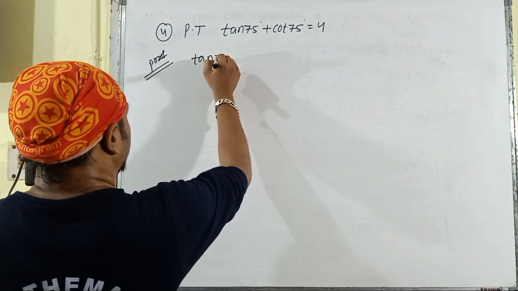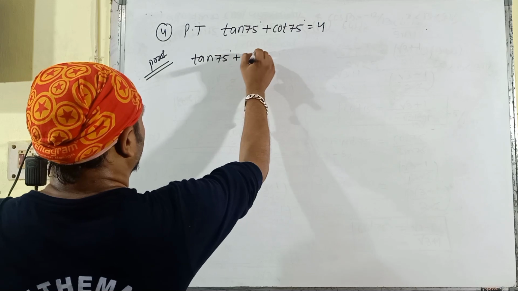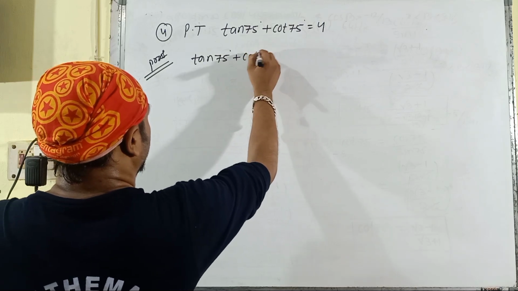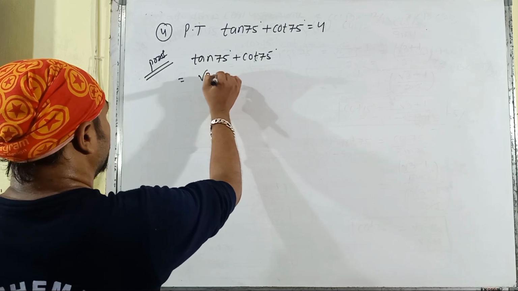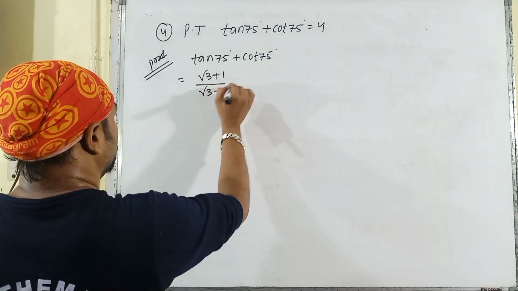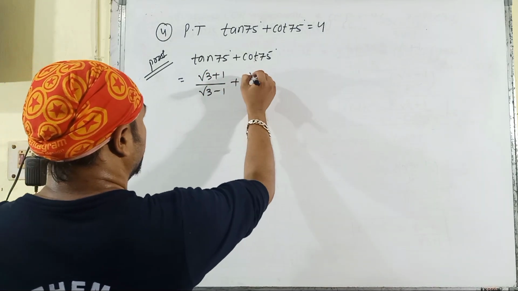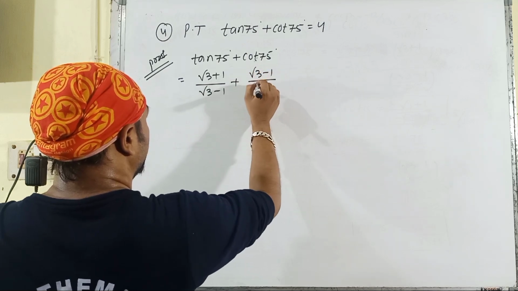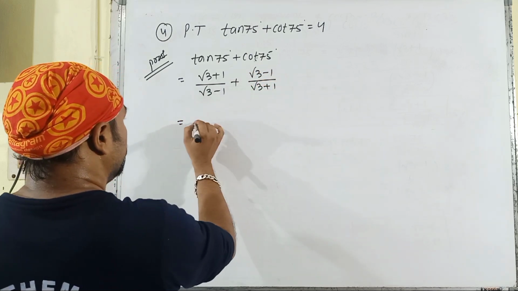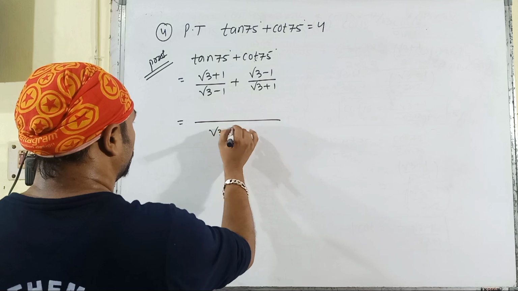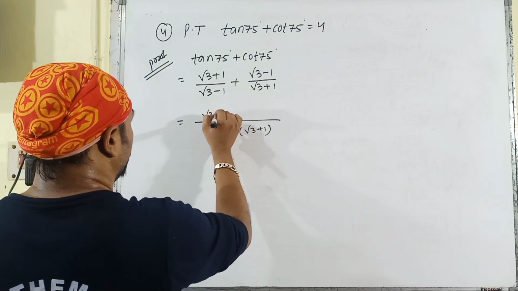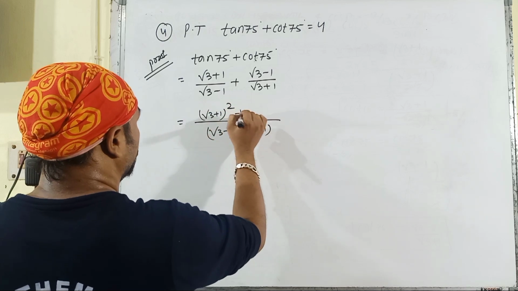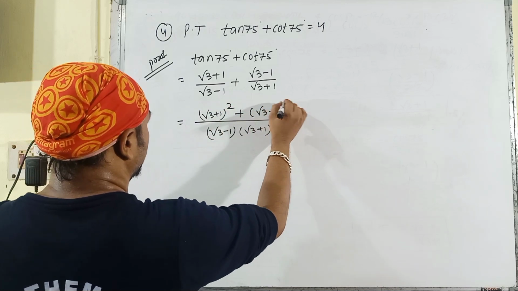Tan 75 degree plus cot 75 degree. The value of tan 75 degree is root 3 plus 1 divided by root 3 minus 1. The value of cot 75 degree is root 3 minus 1 divided by root 3 plus 1. Taking the LCM as root 3 minus 1 multiplied with root 3 plus 1, we have whole square of root 3 plus 1 plus whole square of root 3 minus 1.